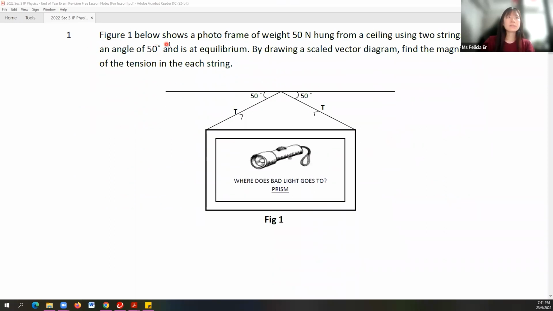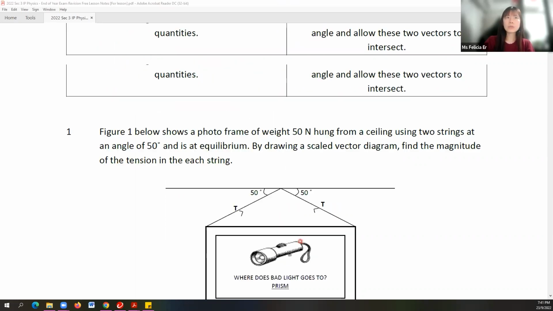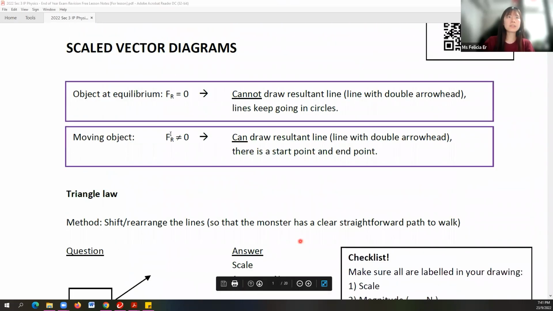Figure 1 below shows a photo frame of weight 50 Newton hung from a ceiling using 2 strings at an angle of 50 degrees and is at equilibrium. That means it's stationary. So hope you still remember, whenever objects are at equilibrium, as mentioned on the first page, you cannot draw the resultant line, and the lines should keep going in circles.